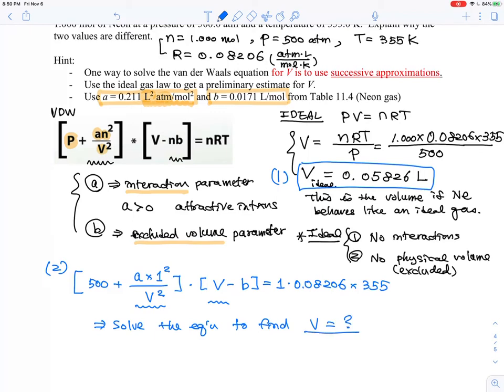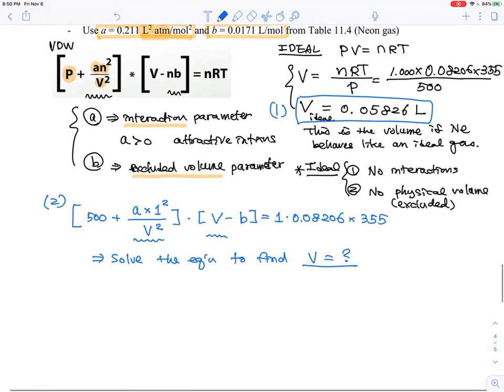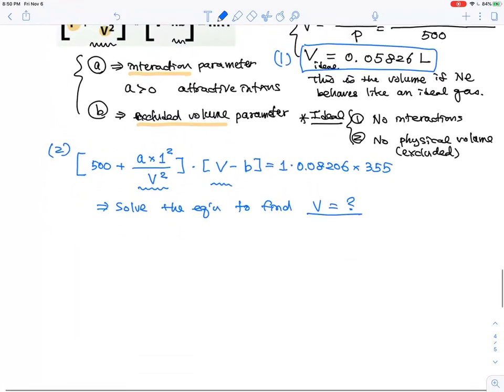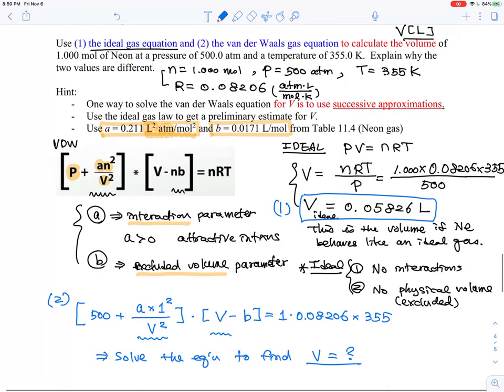There are many different ways to solve this one. The one recommended here follows the hint, so let's read the hint that was provided. One way to solve this van der Waals equation for volume is using successive approximation. What does that mean?